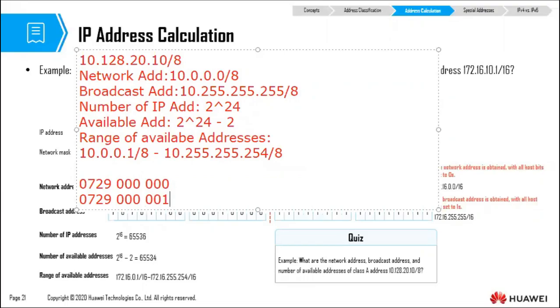So here we're just adding 1 to the very last portion, then subtracting 1 from the last one to get the very last IP address on that range. So plus 1, minus 1, to get the range.